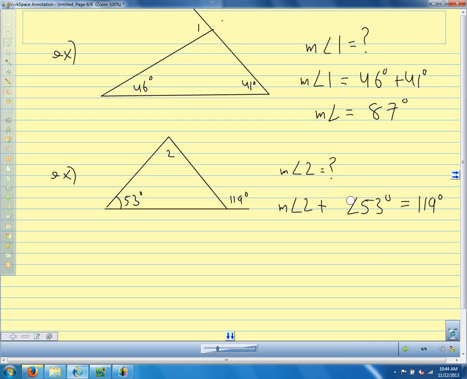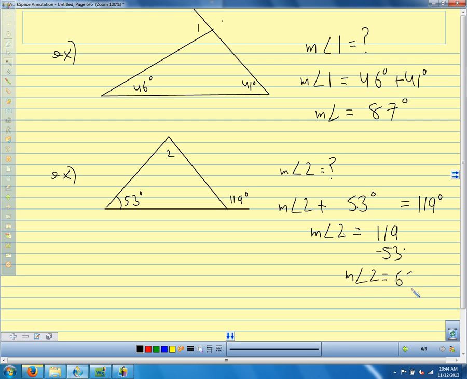So the measure of angle 2 is 119 minus 53, and we get that the measure of angle 2 is 66 degrees. And again, if we don't remember the theorem, we could always just find this angle and then add everything up and subtract from 180.